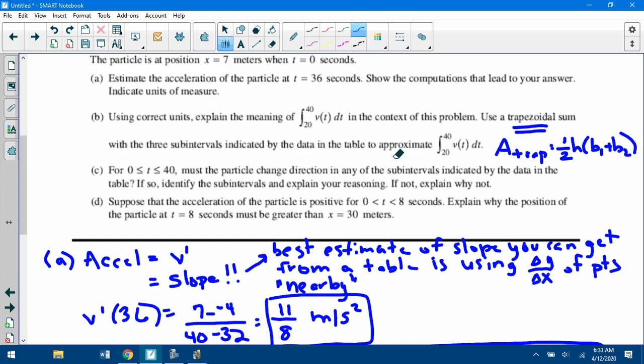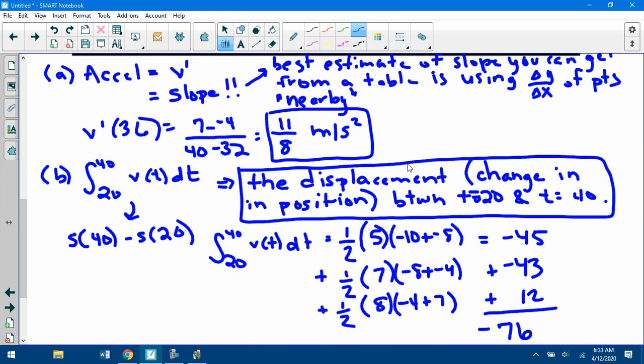Just say indicate units of measure. Nope, but it would be meters.